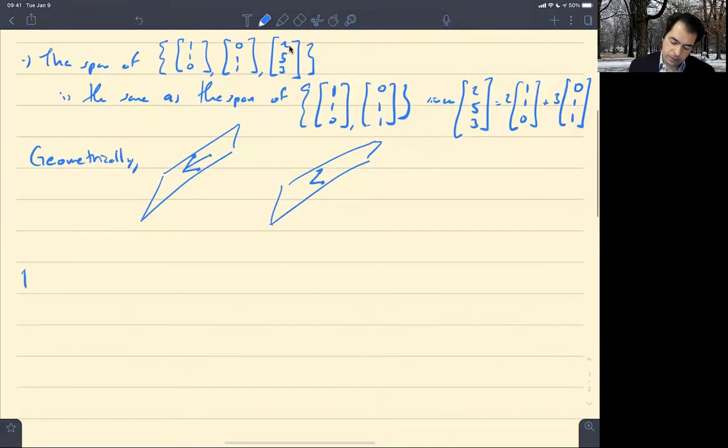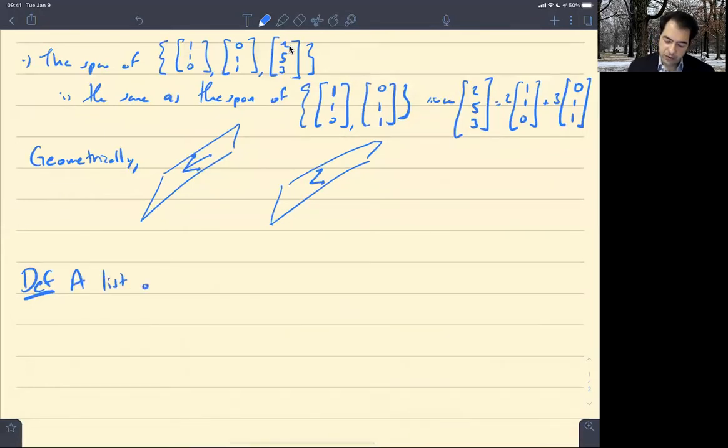Okay, so here's a definition. Now we're mostly interested in linear independence, but an equivalent concept is linear dependence, and we're going to start by defining that first.